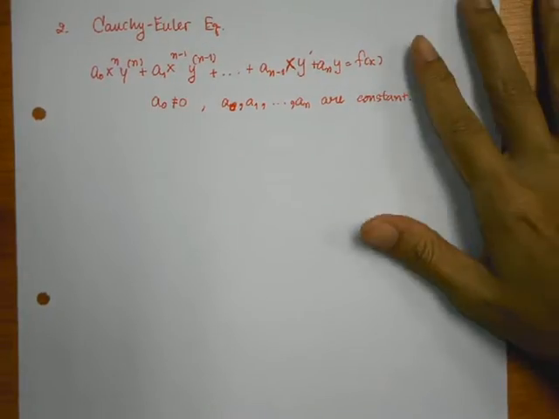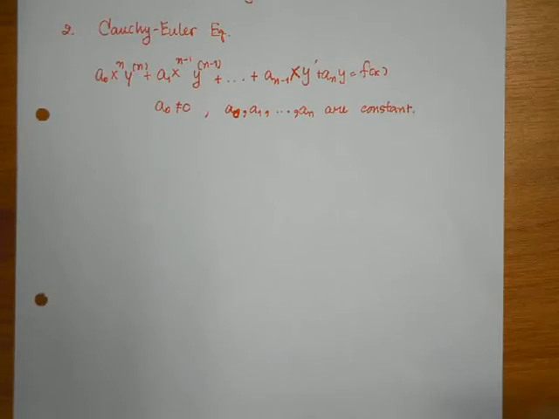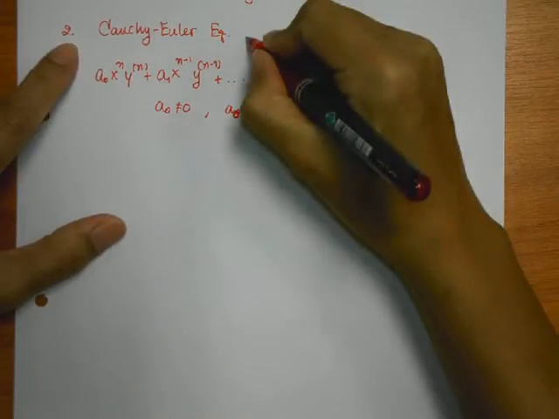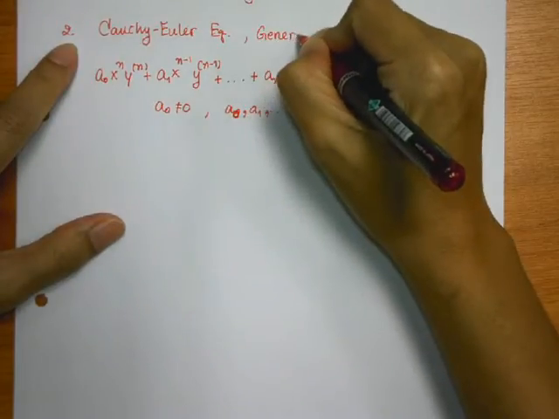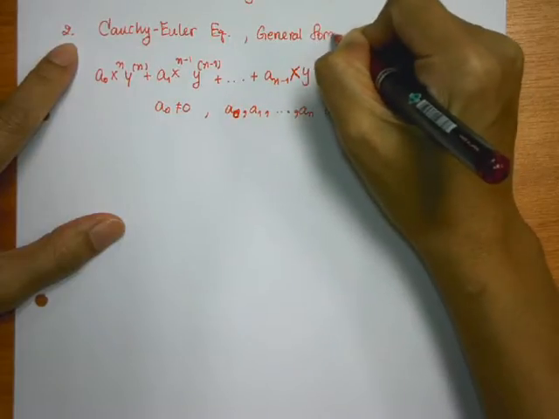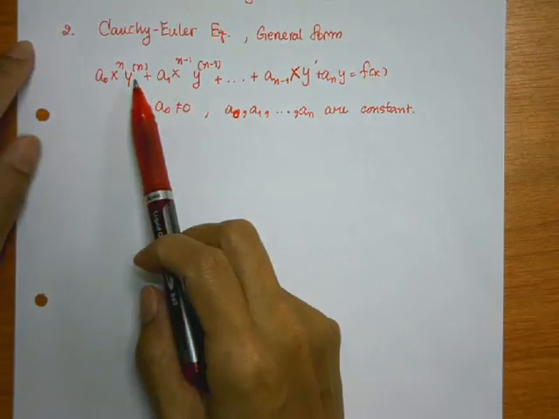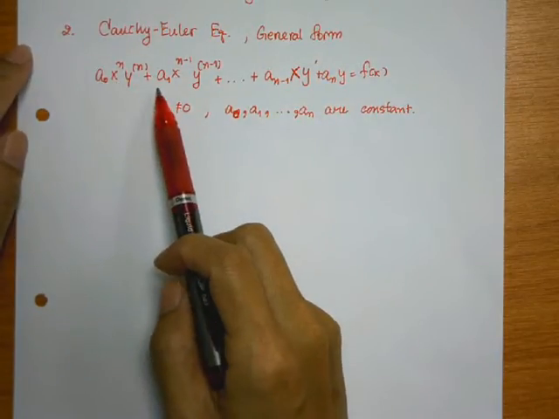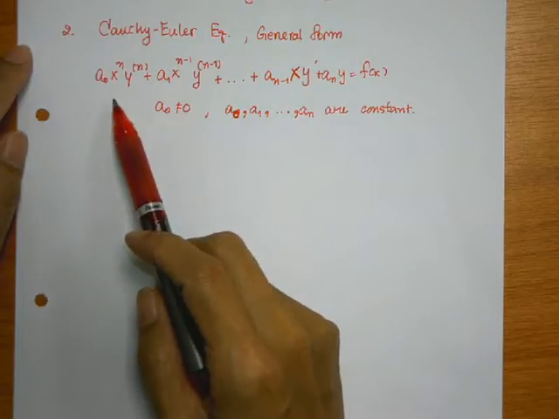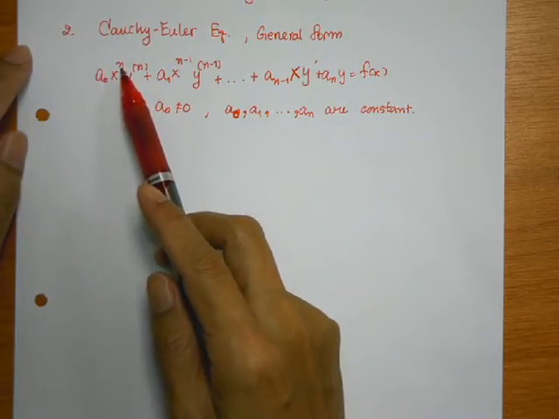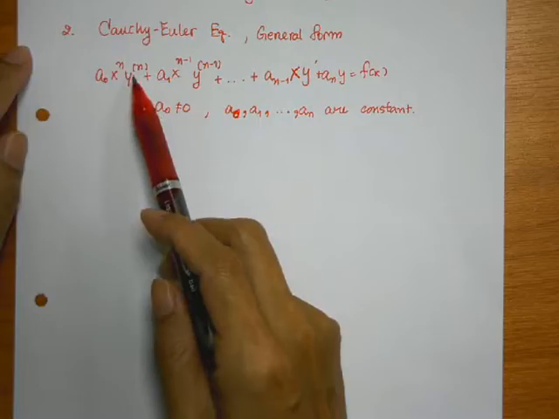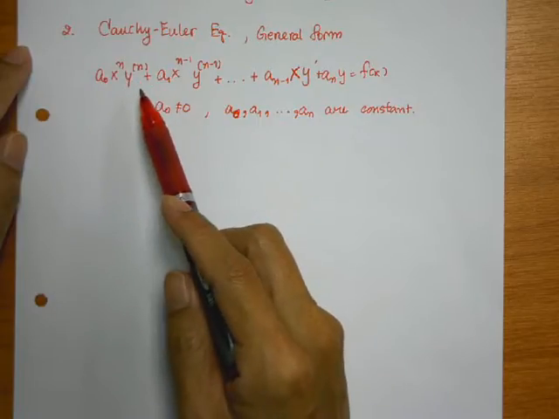Cauchy-Euler equation. This is the general form of it. If you look at it, you would see that each term has x to the power of the same number as the order of the derivative of that term.